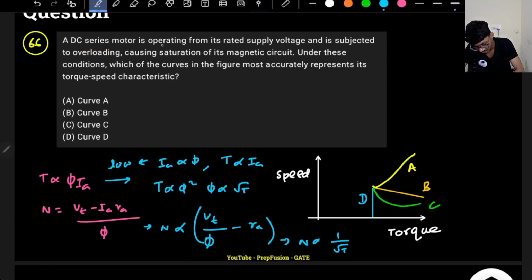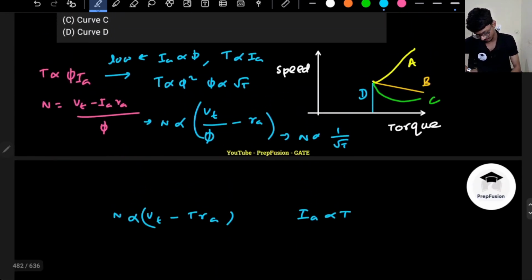A DC series motor is operating from its rated supply and is subjected to overloading. So actually we are overloading it, we are not operating at a low value of current.